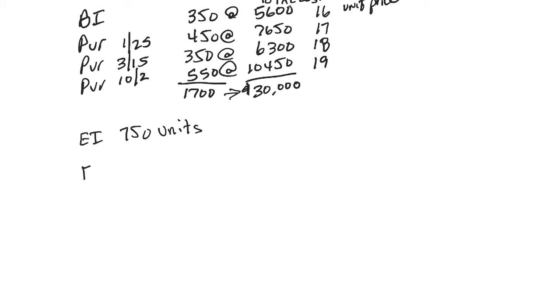So if we do FIFO, first in, first out, we're going to assume we start from the top. So we're going to say we sold beginning inventory of 350, and those were $16.